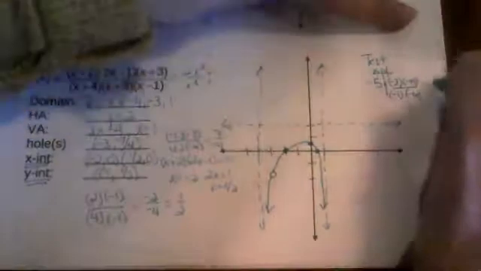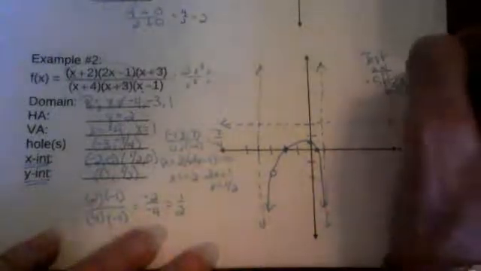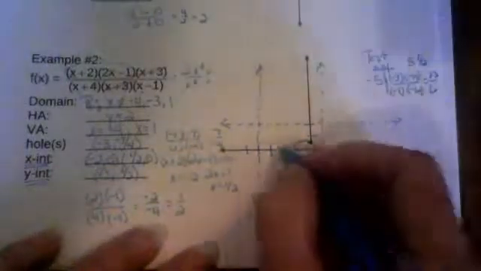So I end up with 33/6. 33 divided by 6 is 5 3/6, or 5 1/2. So at -5, I go up 5 1/2: 1, 2, 3, 4, 5 1/2. So I get a curve in the top section of that portion of the graph.